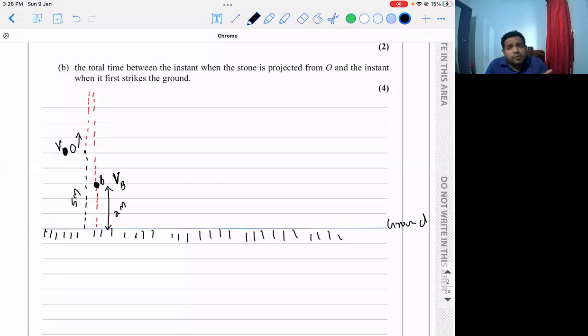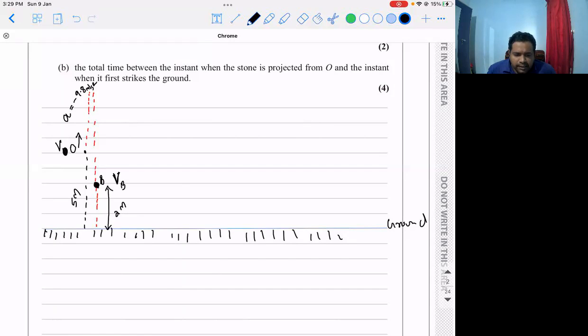We know that this is projecting upwards. That means the particle is moving against gravity. Therefore, the acceleration with which this particle is moving is minus 9.8. Why is it minus 9.8? Because the particle is moving against the gravity. Minus 9.8 meters per second squared.